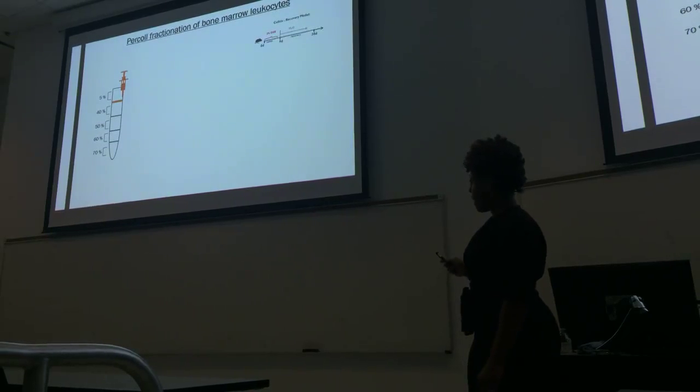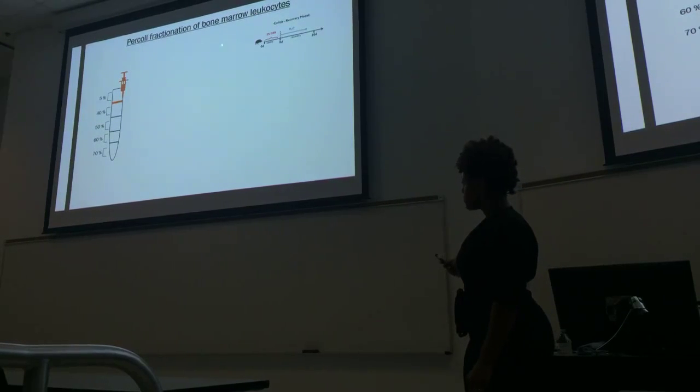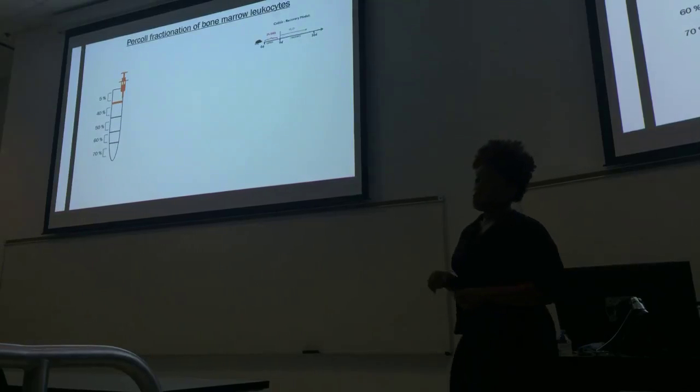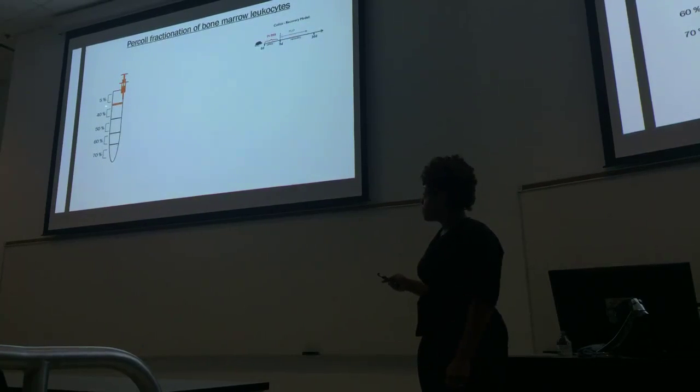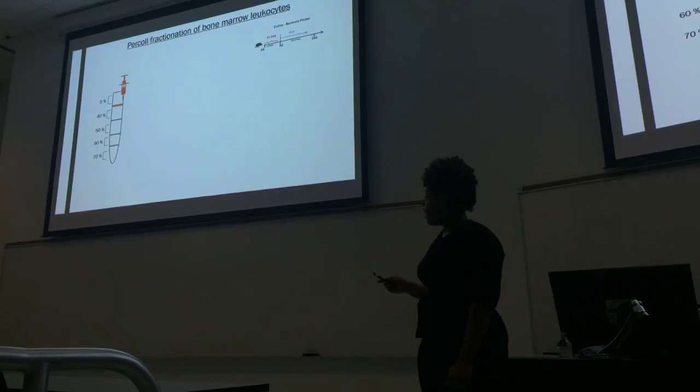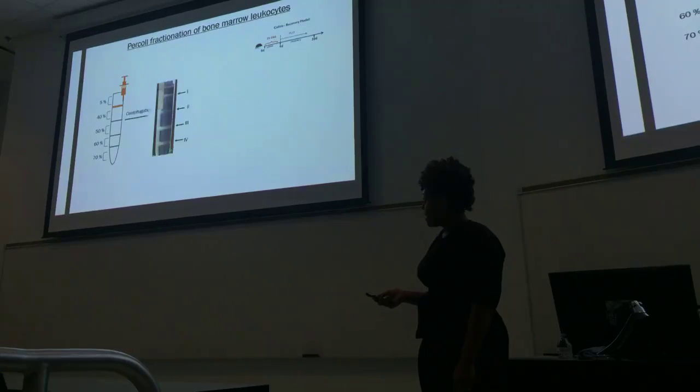To do this, our treatment mice were euthanized, and whole bone marrow was collected by flushing from the femur and tibia, and loaded onto the top fraction of this gradient.